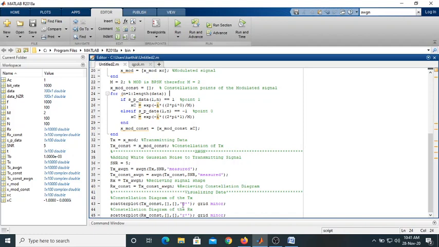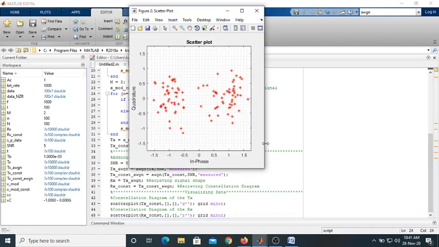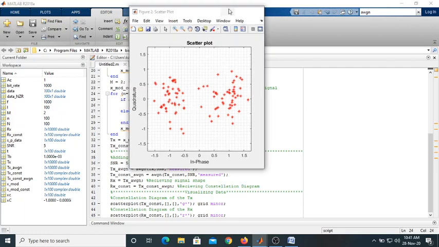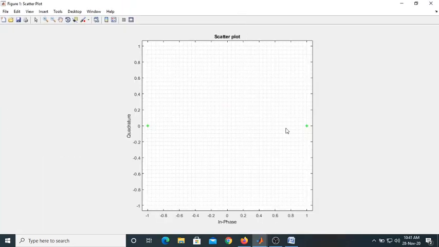So finally, we are drawing the constellation of the BPSK before transmission and after transmission, which means the receiver side constellation and the transmitted side constellation. Now, this is the constellation of the transmitted side.